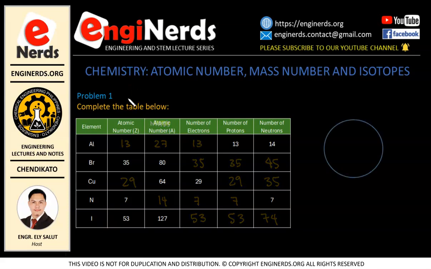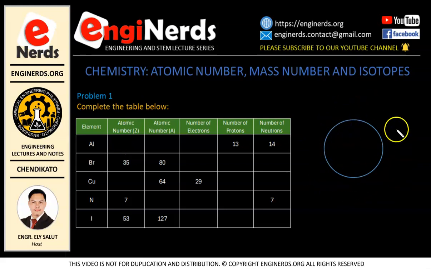Before we proceed in answering these problems, let us first have a review about atomic number, mass number, and isotopes. First, let us consider this circle here as our nucleus. Inside our nucleus, we have what we call the proton. Let's say for this example, we have a nucleus having 3 protons inside.